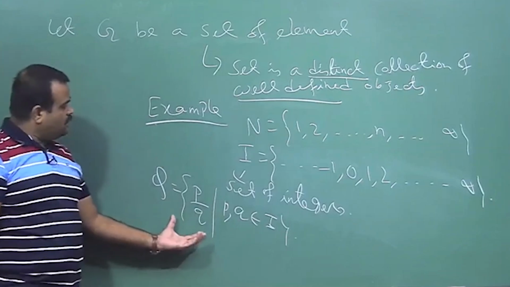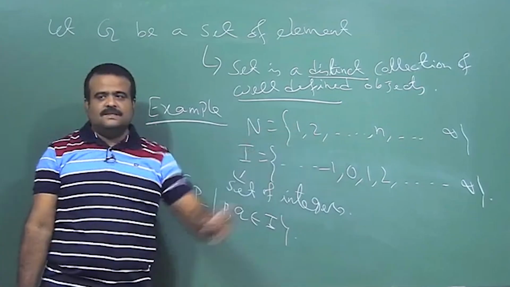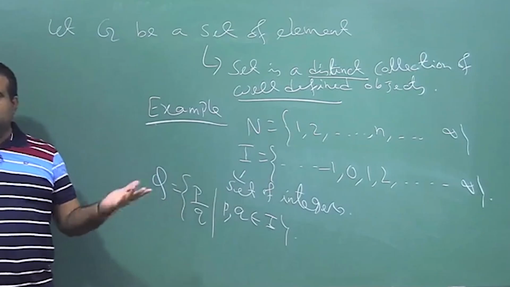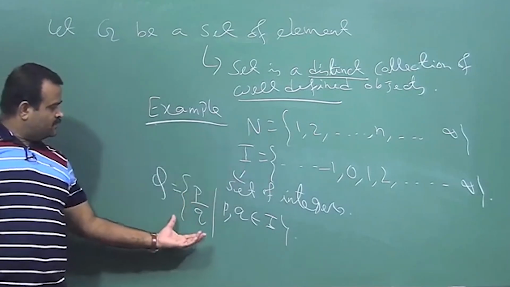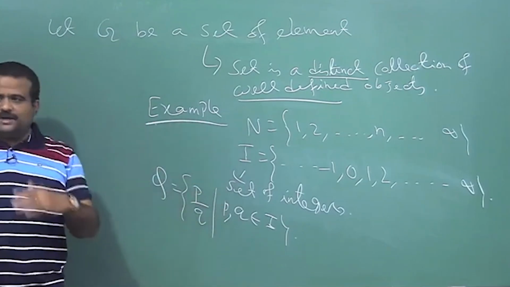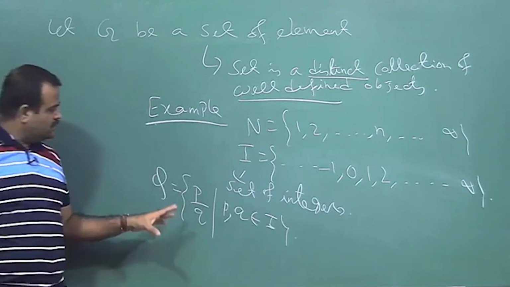So, this is the way we represent a set. There are two ways we can represent a set. We can explicitly write all the elements in the set, but if the set is infinite, then it is not possible to write. Then we will use some type of symbolic notation. So, a set is having some property. If it is natural number, it has some properties, follows Peano's axioms.